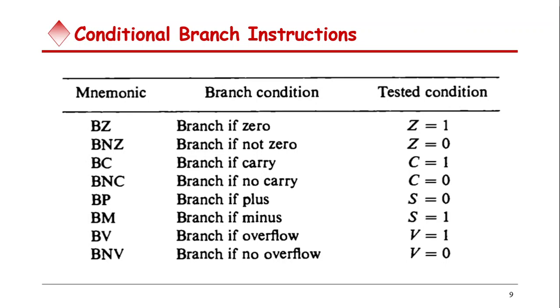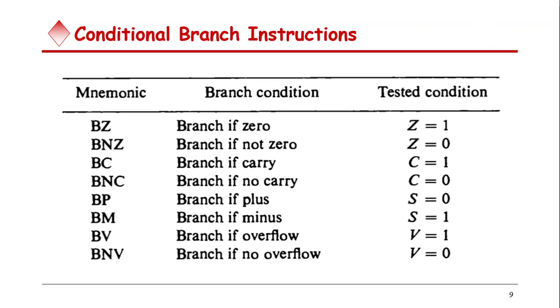BNZ means branch if not zero. BNC means branch if no carry. BC means branch if carry. BP means branch if plus. BNP means branch if not plus. BM means branch if minus. BV means branch if overflow. BNV means branch if no overflow. So these are the different conditional branch instructions.